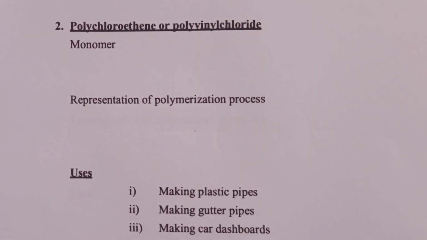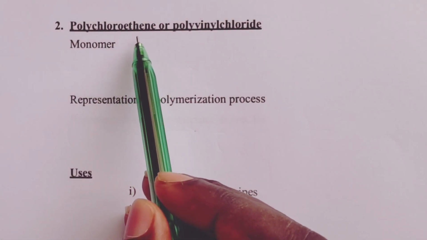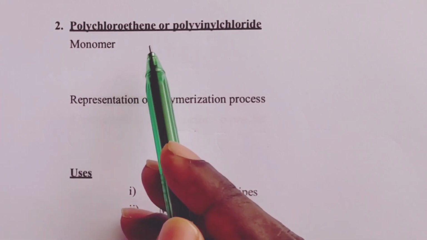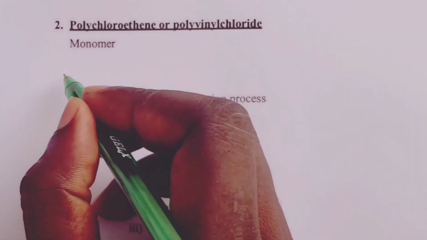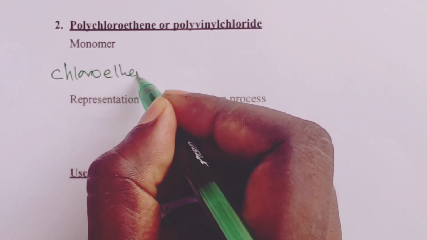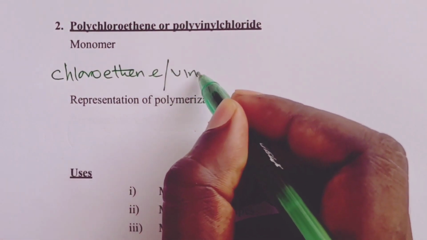Our second addition polymer is polychloroethene, or what is commonly called polyvinyl chloride. The monomer is simply chloroethene, or what is commonly called vinyl chloride.